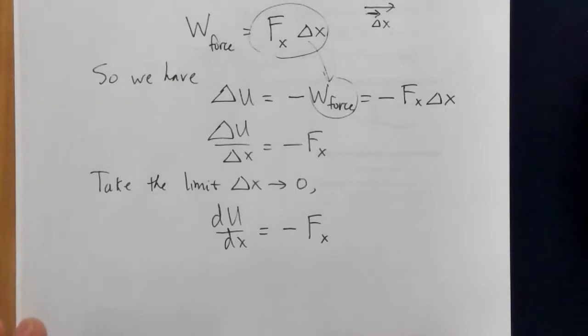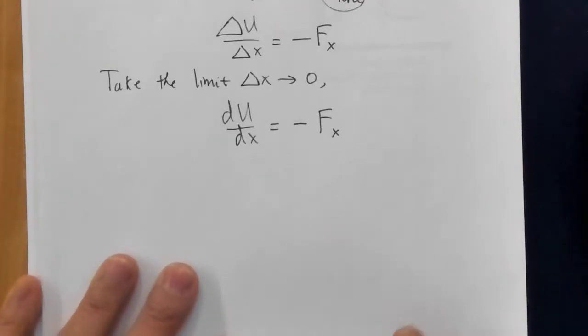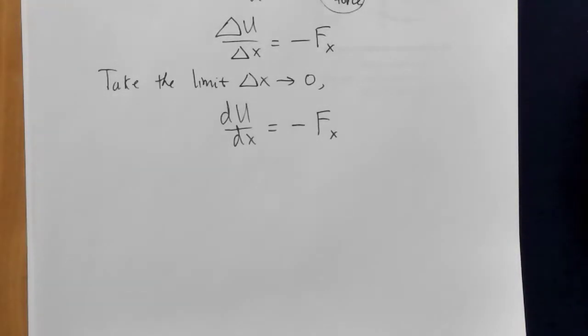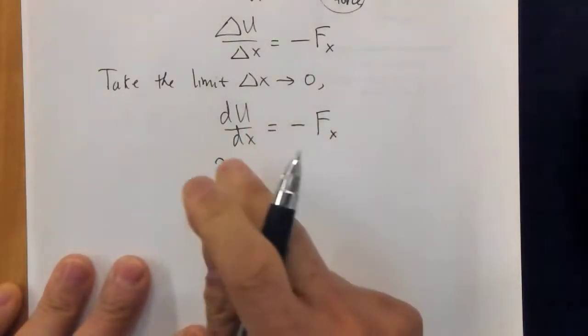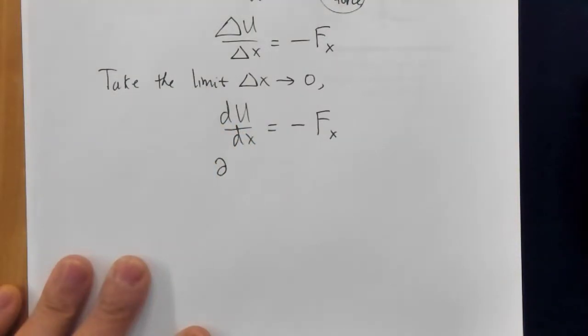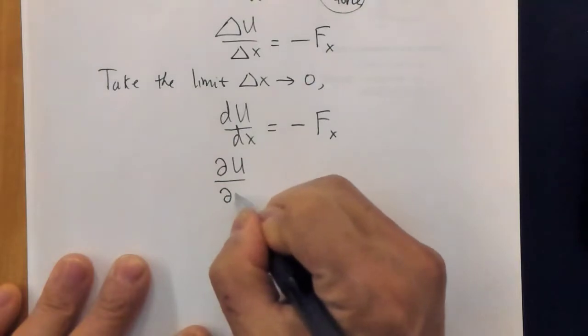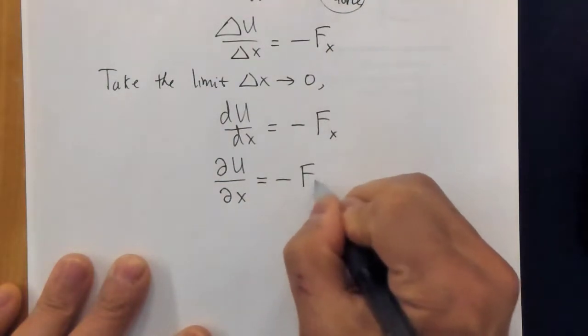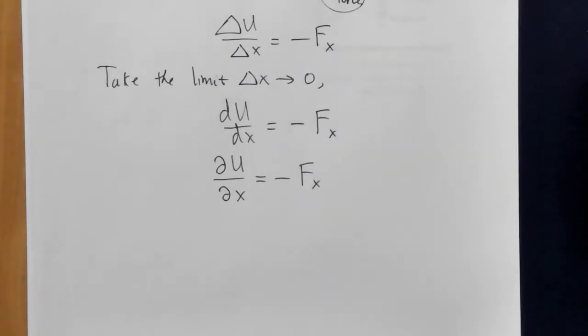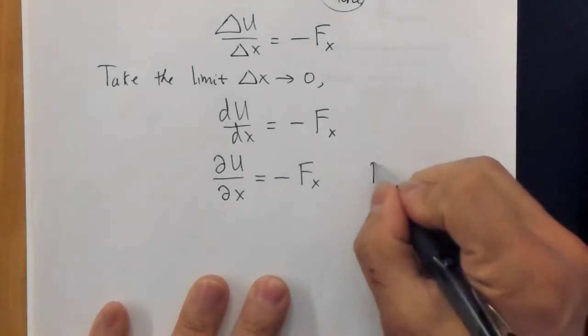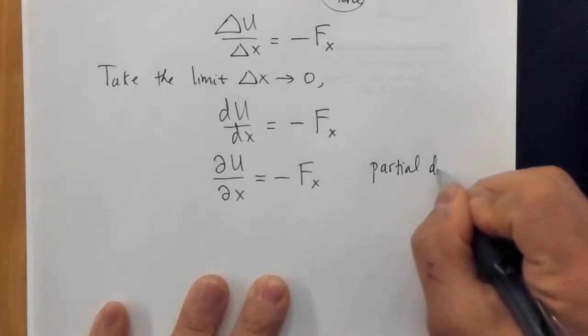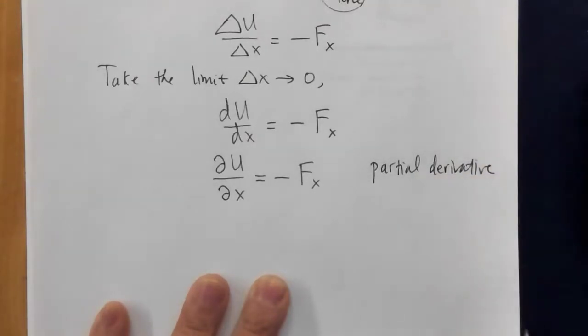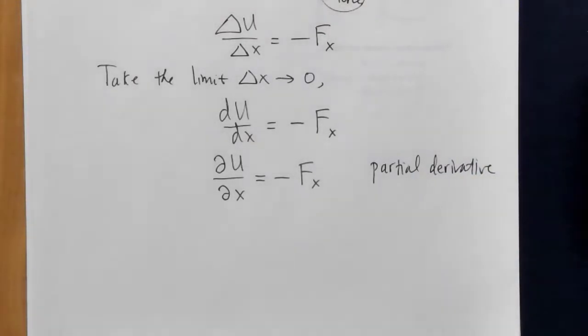Now, this is actually not the notation that we usually write it in. For some of you, if you're taking Calculus 1, you may not have seen this before, but it's just replacing the d's with the curly d's. These are what are called partial derivatives. So this is the proper way to write it. We still call it dU dx, but we write it in this fancy curly way. It's just recognizing the fact that x is not the only variable.